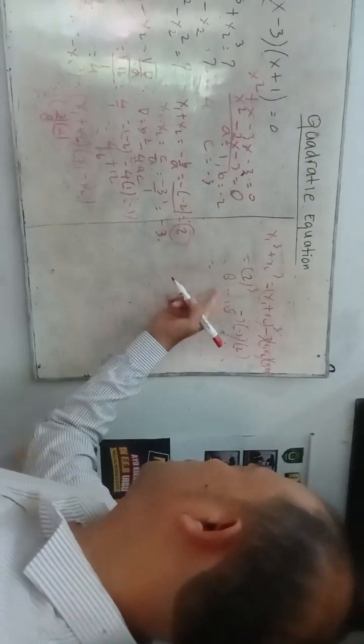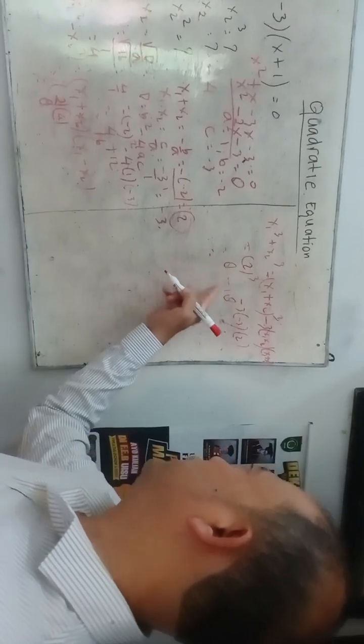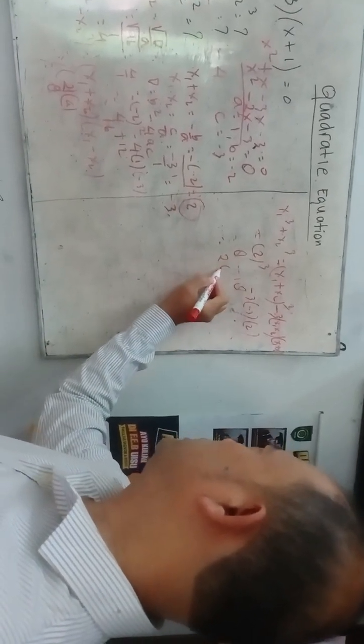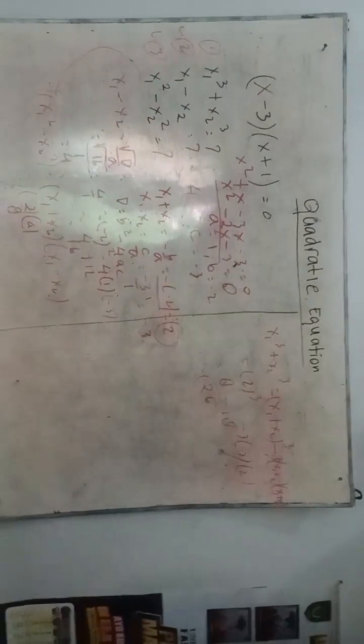So we have 8 plus 18 is 26. So x1 cube plus x2 cube equals 26.